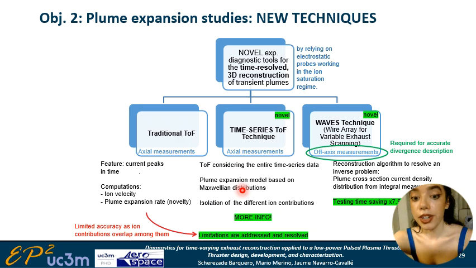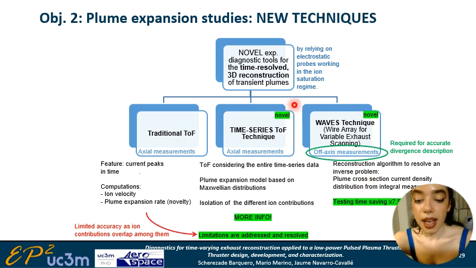So note that with the time series time-of-flight technique, with the same data, we are providing more information than comparable methods, and also with the WASP technique, we are streamlining the data acquisition of time-resolved plume divergence data. And also the second technique is applicable to unsteady thrusters. It resolves the plume cross section at each time step.